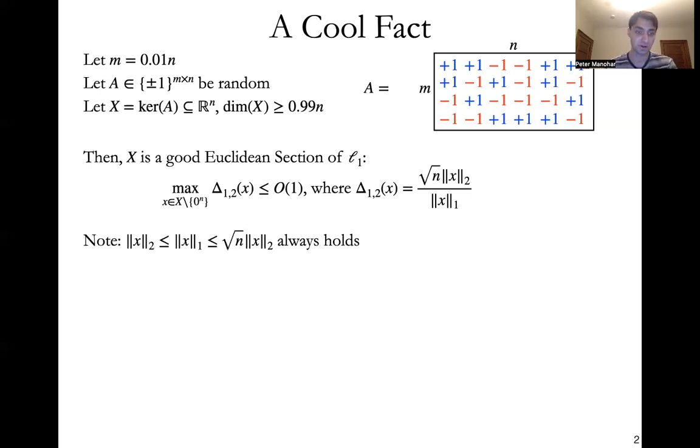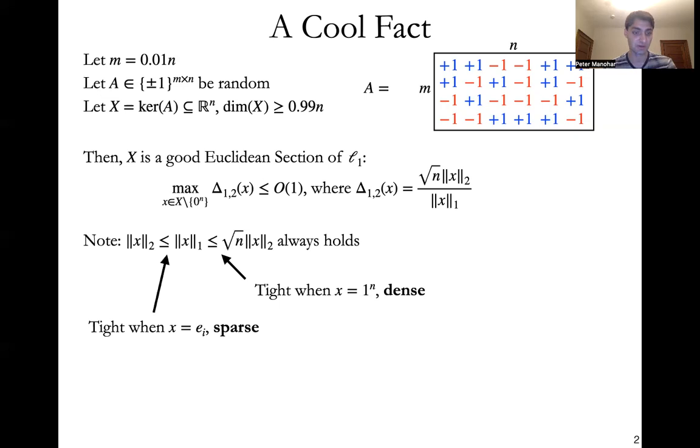We recall that the L1 norm of any vector x is always at least its L2 norm and is, by the Cauchy-Schwarz inequality, at most square root n times the L2 norm. And this upper bound is tight when x is the all ones vector, or all the coordinates of x are equal. That is when x is dense, or the L2 mass of x is evenly spread out among the coordinates of x. And this lower bound is tight when x is a unit coordinate vector.